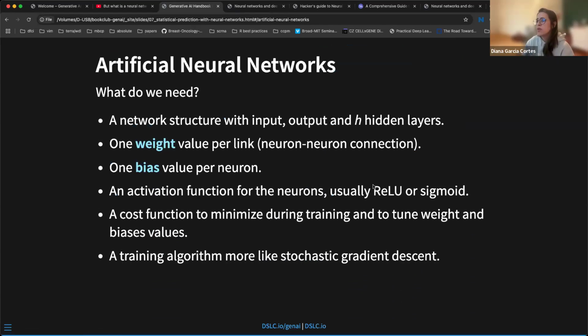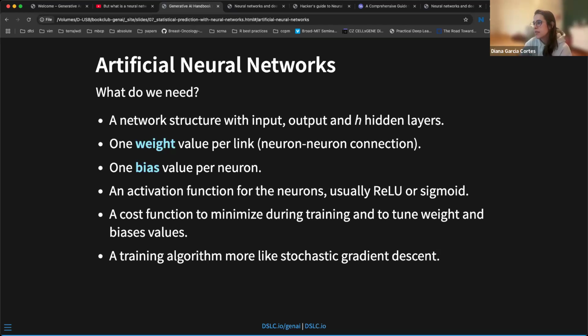Okay, so for our artificial neural networks, what do we need? We need a structure with input, output, and a certain number of hidden layers. We're gonna have one weight value per link, and our links are neuron connections. We're gonna have one bias value per neuron, and an activation function for the neurons.